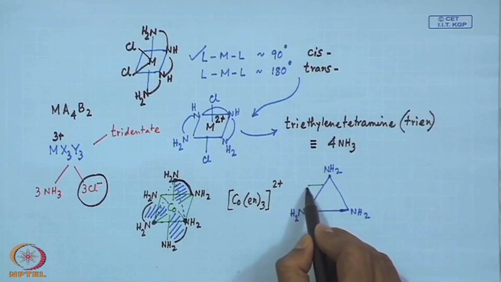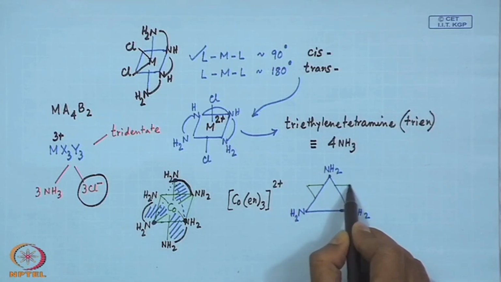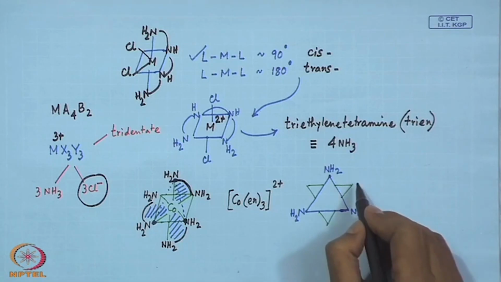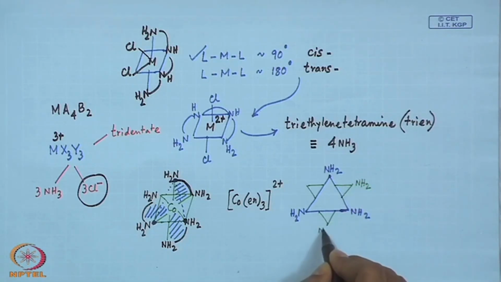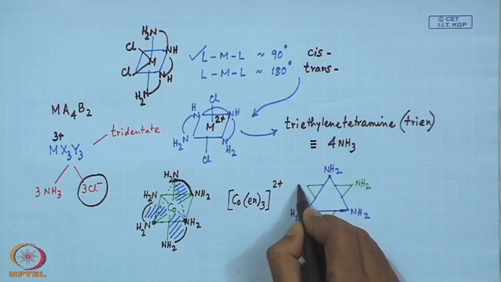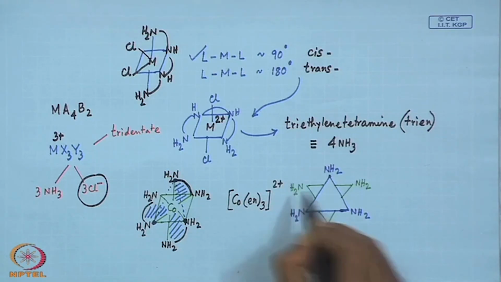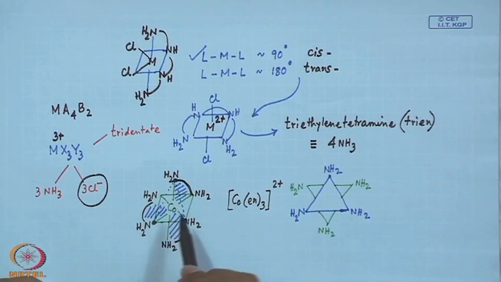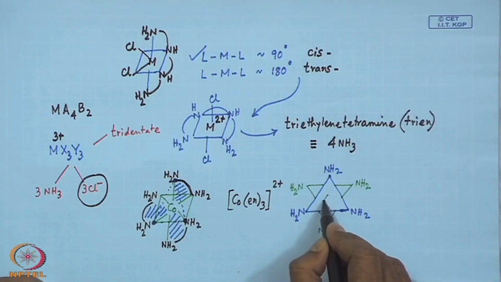So we can draw the other 3 faces like this. So this is the visualization of the octahedral geometry once we view through that C3 plane.